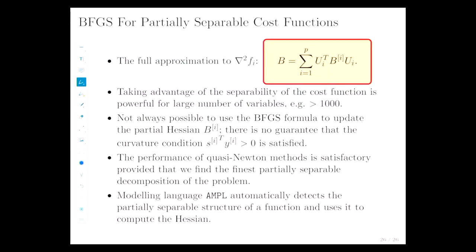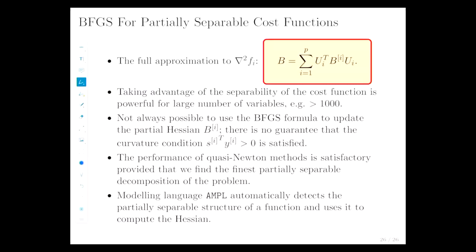The modeling language AMPL, based on some heuristics, detects the separable structure, but they are just guesses. These heuristics are constructed over years and some arbitrary choices, but I'm not aware of any systematic way of partitioning functions into some separable structure.